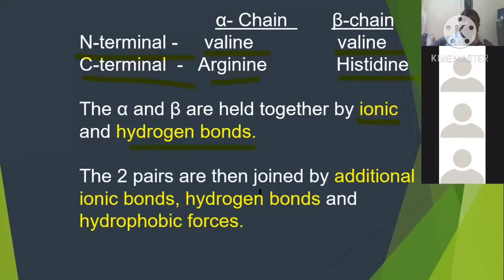Then they also have additional ionic bonds or hydrogen bonds along with hydrophobic interactions. So these are the forces which stabilize the quaternary structure. One polypeptide chain with another polypeptide chain, it is ionic interaction, hydrogen bonds and hydrophobic interactions that hold both those chains together.